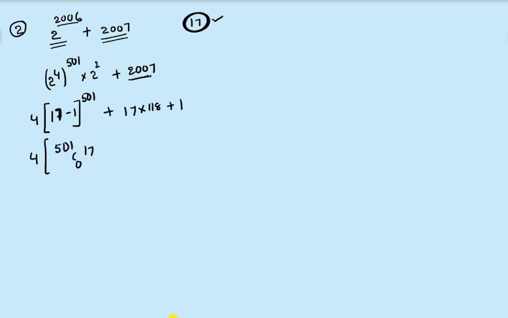501C0 into 17 power 501 minus 501C1 into 17 power 500, right? Plus 501C2 into 17 power 499 minus and so on, finally minus 501C501.